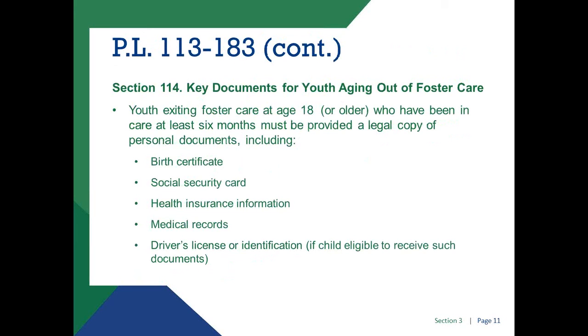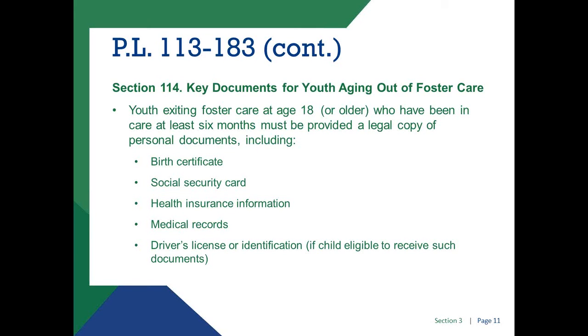So children exiting foster care at age 18 or 21, if the state extends foster care, and who have been in care for at least 6 months, receive an official or certified copy of their birth certificate, a Social Security card, health insurance information, medical records, and a driver's license or identification card if the child is eligible for those documents. The courts can also play an important oversight role in ensuring that youth receive these documents.